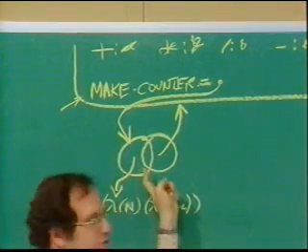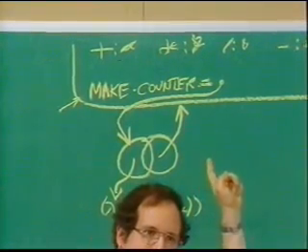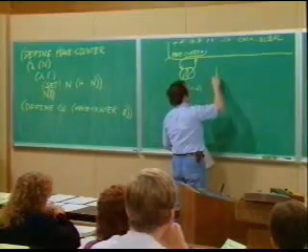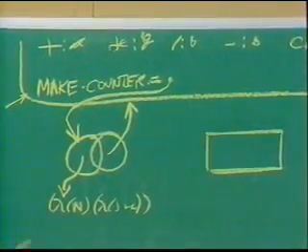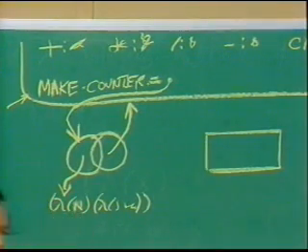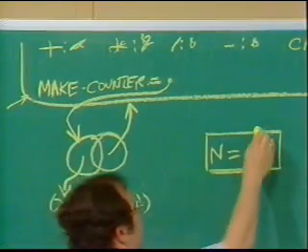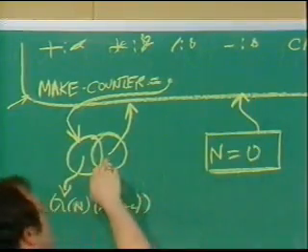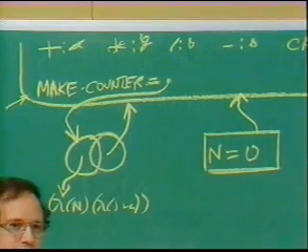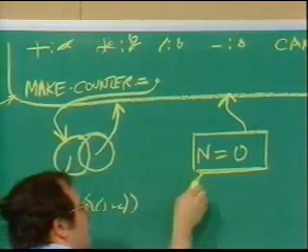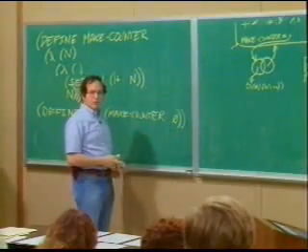The way I apply the procedure is by constructing a frame, which has a value for n in it, which is 0. And the parent environment is the environment of definition of make counter. So I've made an environment by applying make counter to 0.